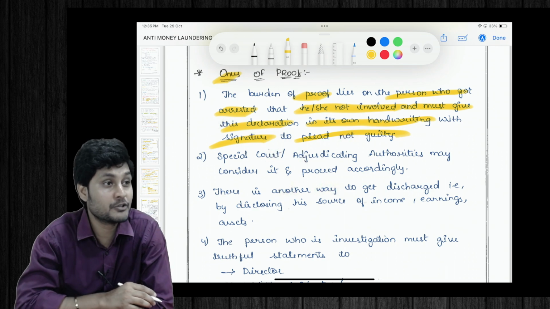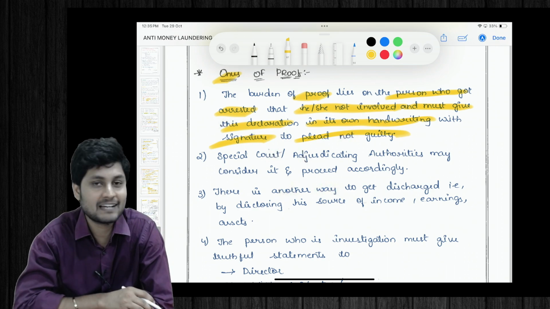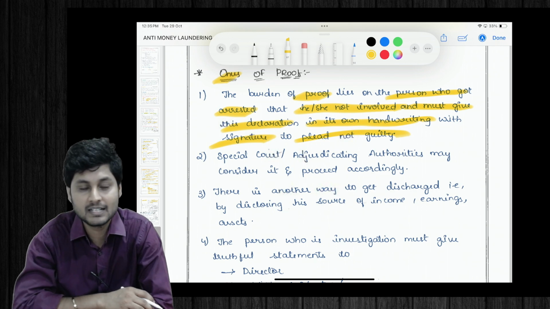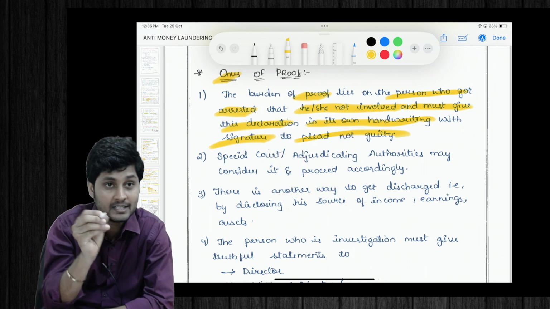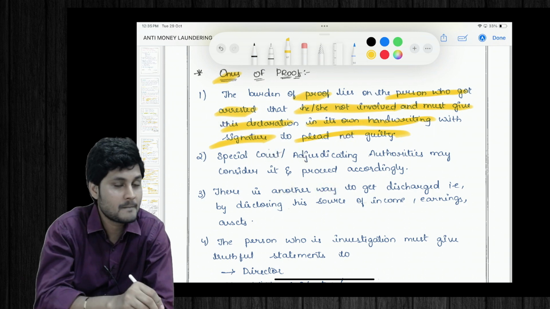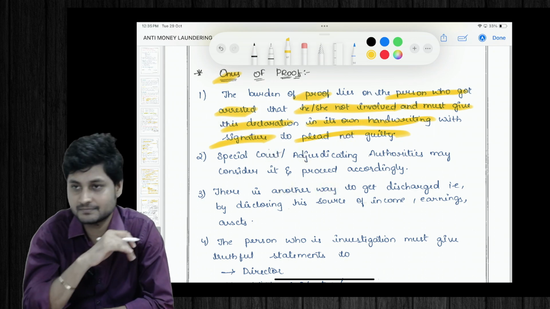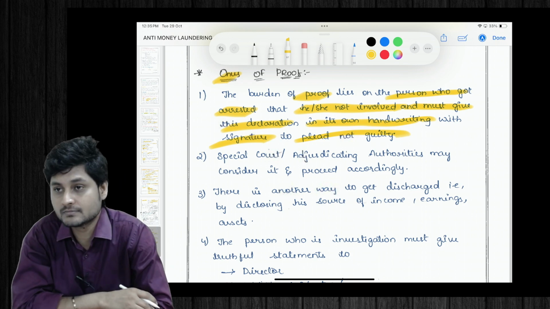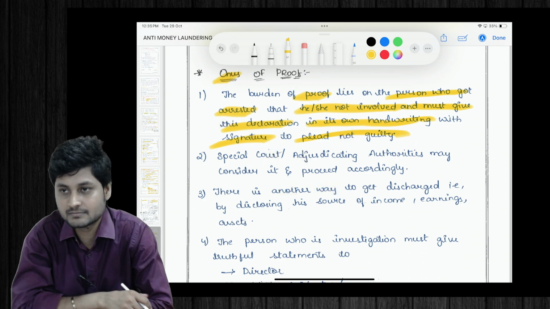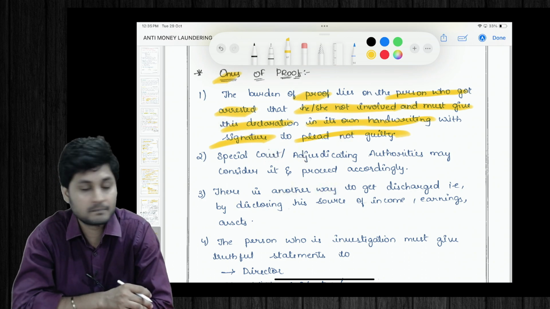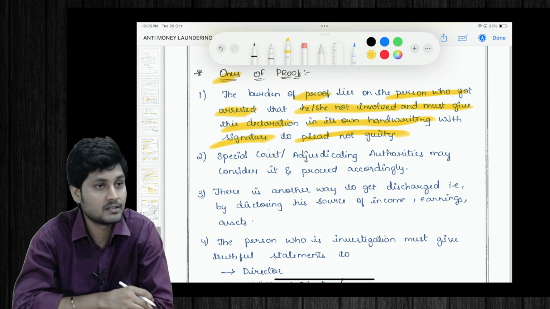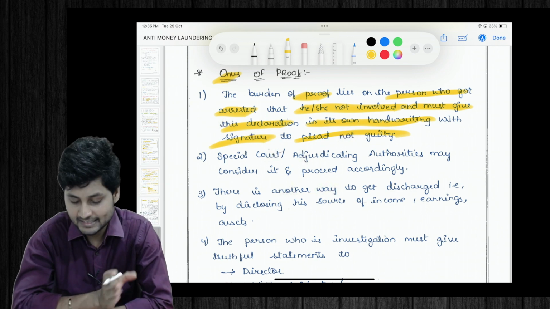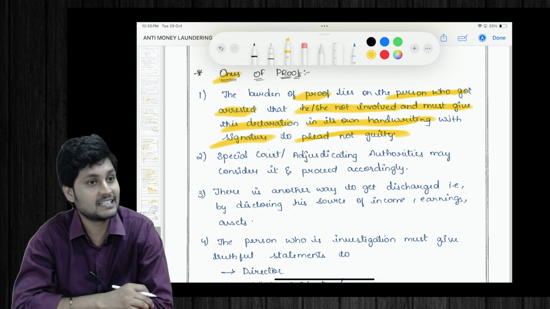నేనే తప్పు చేయలేదు. Not guilty means what? I have not committed any mistake. And he needs to write it in his own handwriting and it must be submitted. So the onus, the burden to prove that he is innocent, is on him; he can plead not guilty.